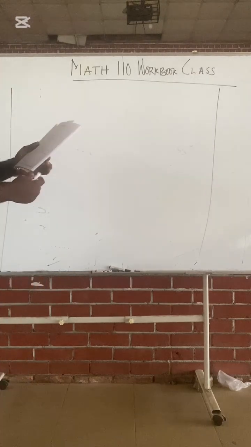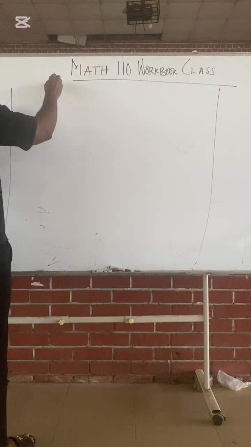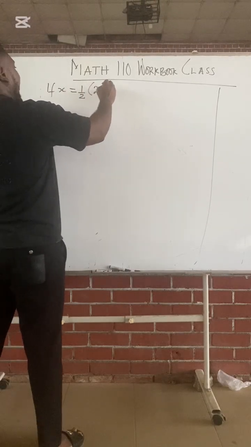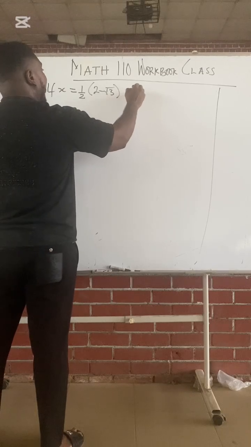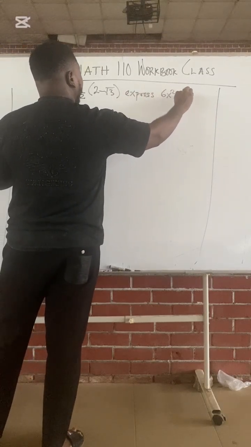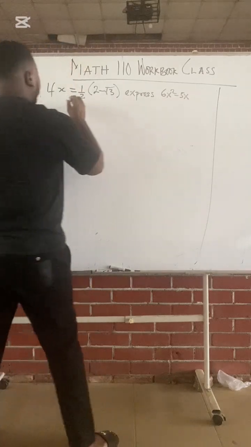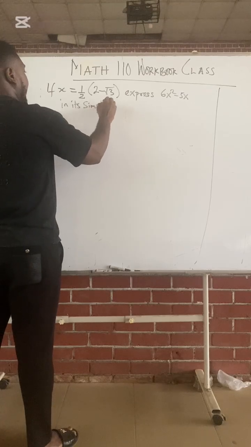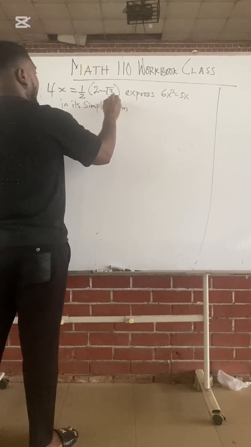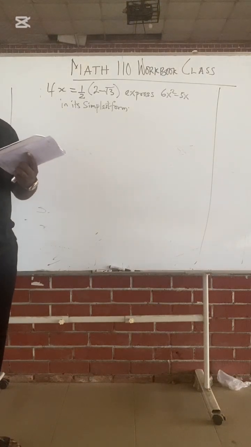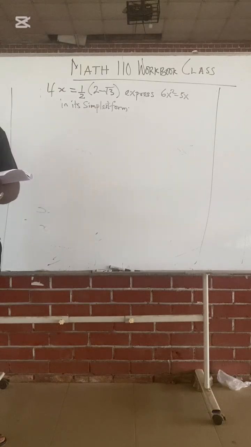We have that if x equals 1 over 2 into bracket 2 minus root 3, express 6x squared minus 5x in its simplest form.